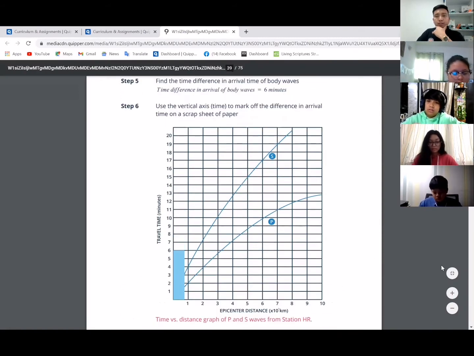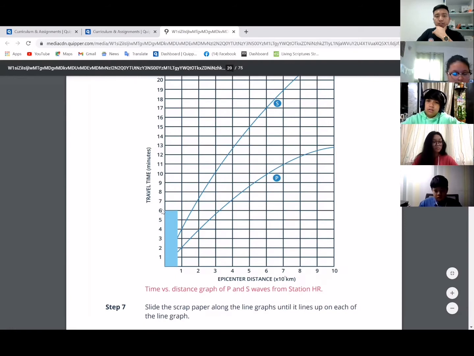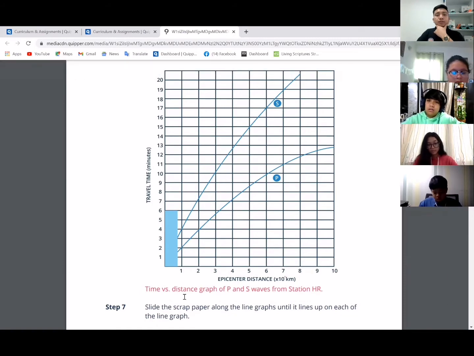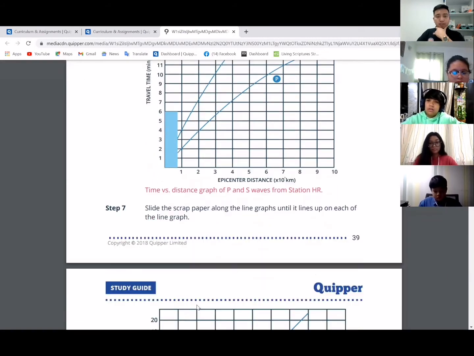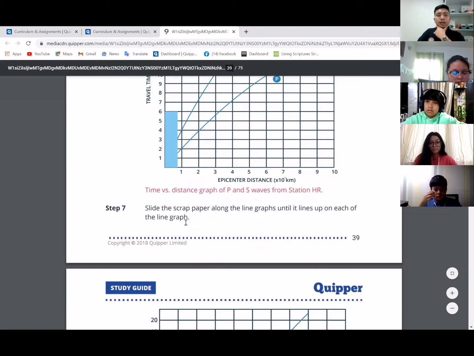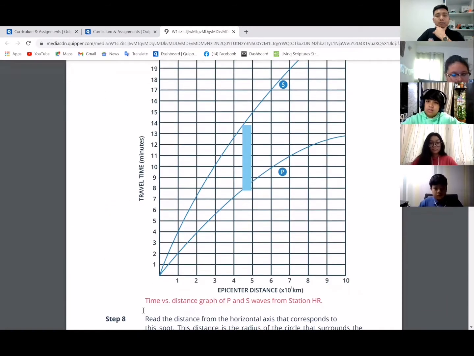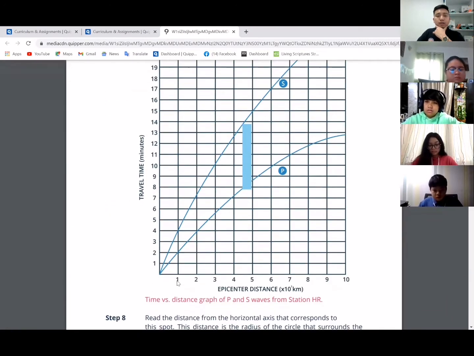So 6 minutes, ang gagawin natin, we need to mark that one sa time natin dito. Makita nyo dito, na-mark siya, 1 minute to 6 minutes. And then, once na na-mark nyo siya sa graphing paper nyo, next that you need to do is, you need to slide the scrap paper along the line graphs until it lines up on each of the line graph. So ayan. So makikita nyo dito 1 to 6 siya, right?